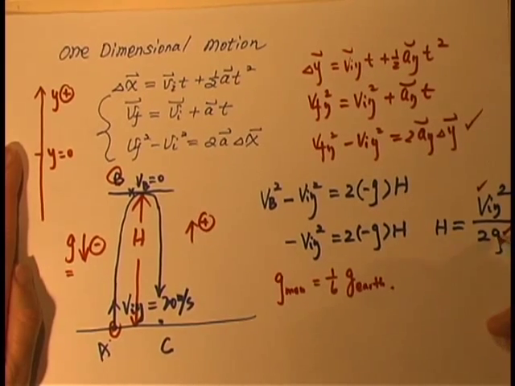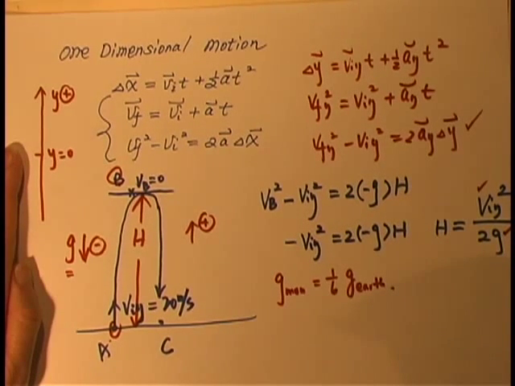If you toss something up with the same V initial y on the Earth and the moon, because G on the moon is 6 times smaller, the h on the moon will be 6 times bigger than on the Earth. So you can jump much higher.